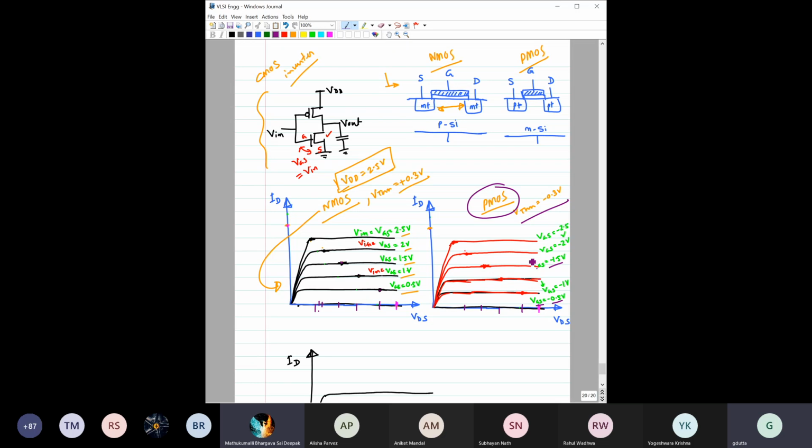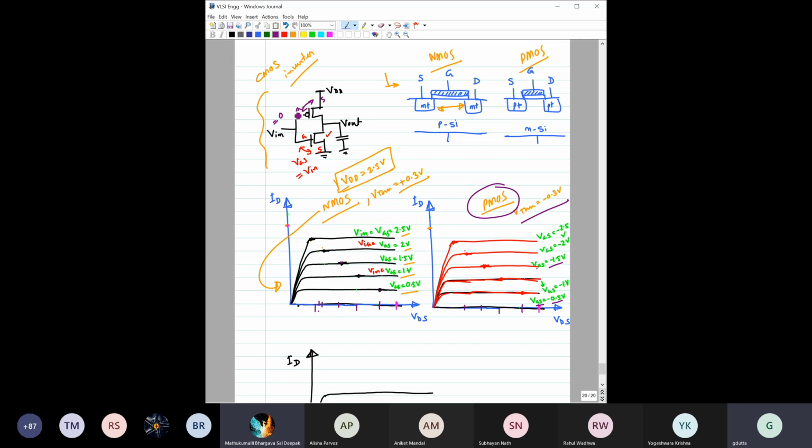Now you might be thinking, then why are we getting minus 2.5? Because we have a supply which has one ground rail, which is 0, and another VDD power rail which is plus 2.5. Once you have given Vin equal to 0, then what is happening? This is gate, this is source.